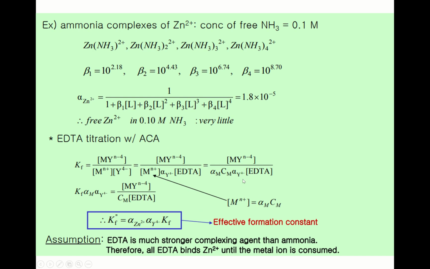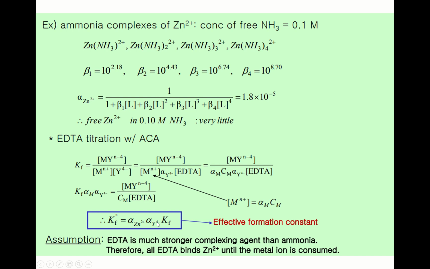Rearranging, we move these two alpha values to the left hand side, and we get this new equation, called the effective formation constant. Kf double prime is given by alpha for zinc ion and alpha for free EDTA, the totally deprotonated EDTA fraction, multiplied by the EDTA formation constant Kf. This is the effective formation constant.